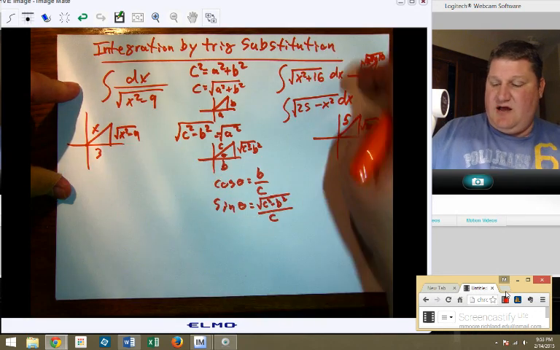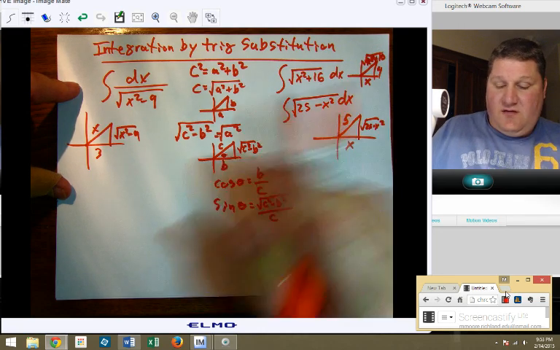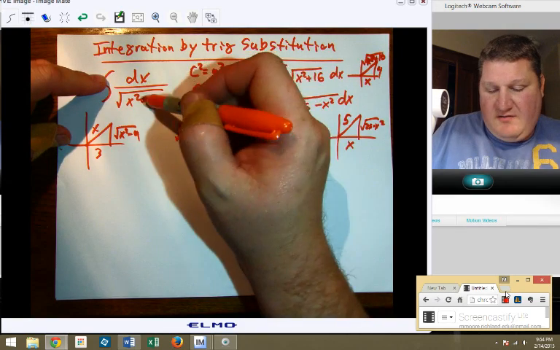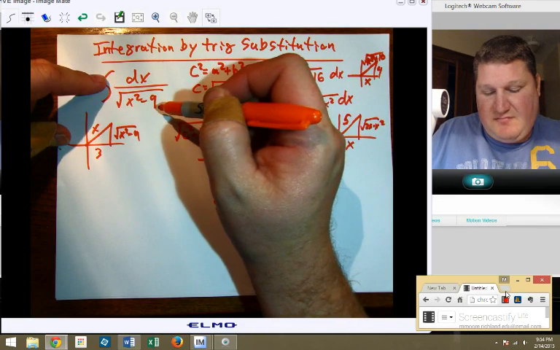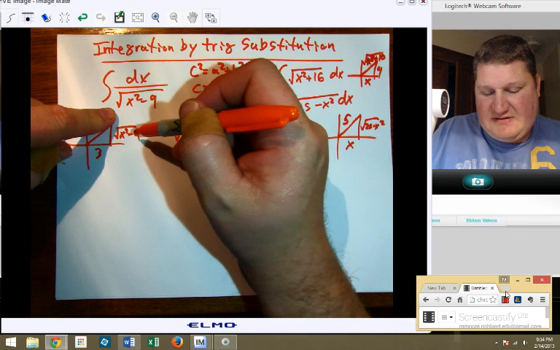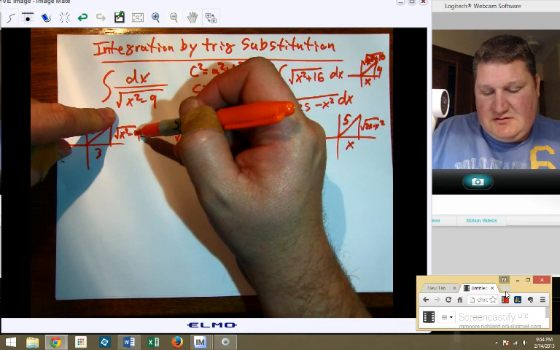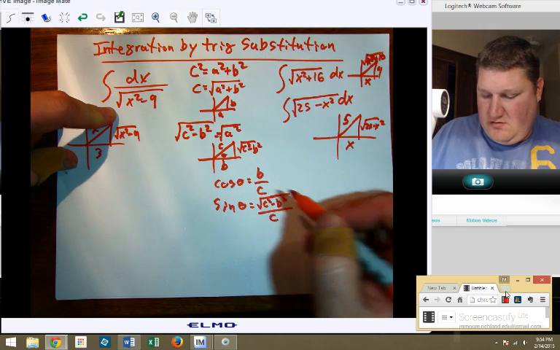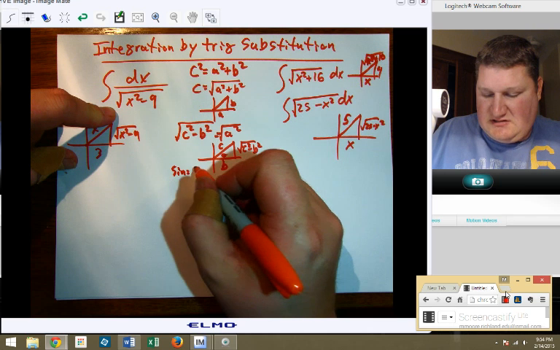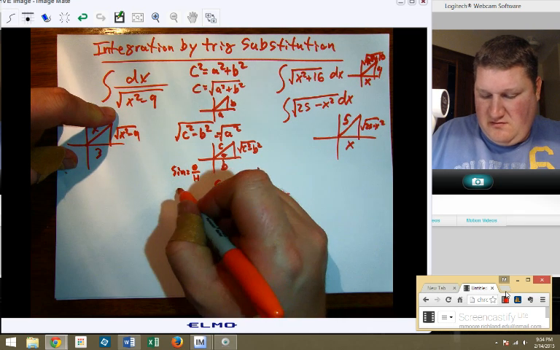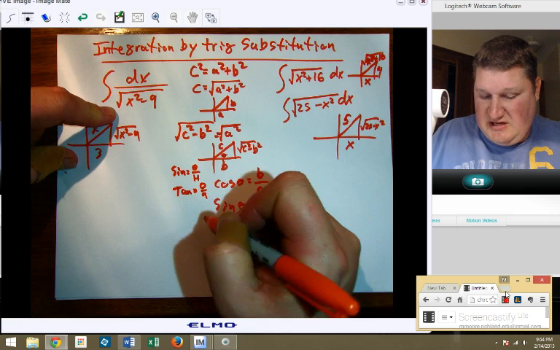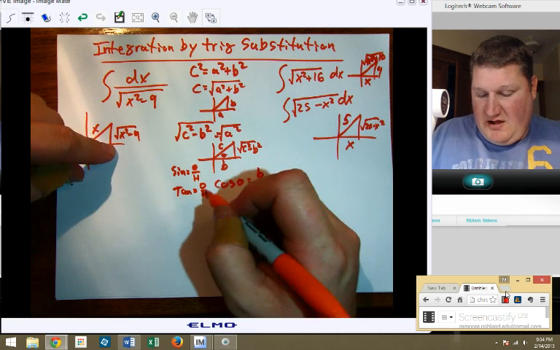So the setup here is important, because now I look at my problem and I say, okay, how can I replace this mess with something better? Well, what do I have where the opposite side is on the bottom? Sine is opposite over hypotenuse. Tangent is opposite over adjacent. Well, that would be opposite on top.